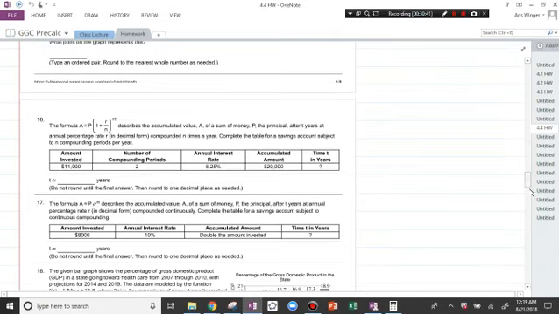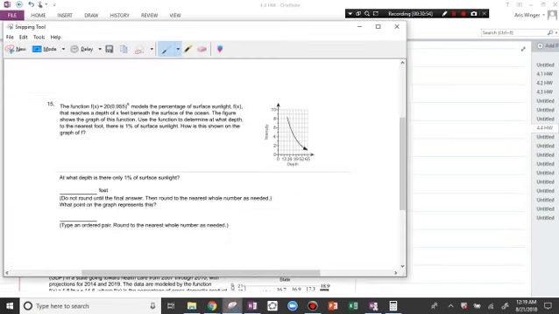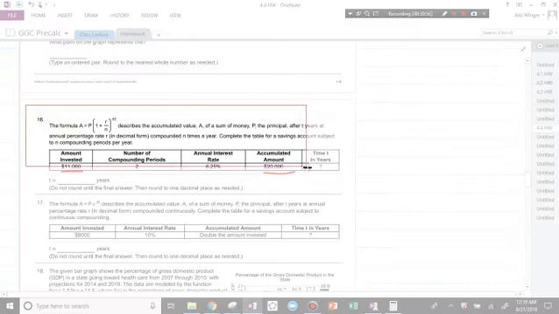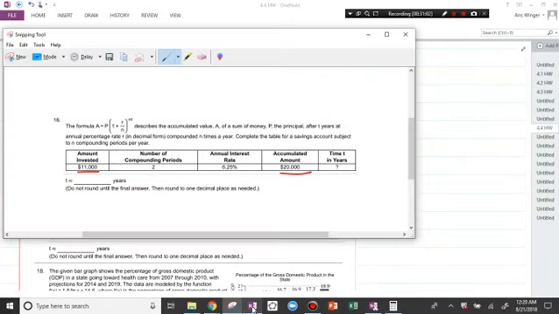This is the question I kept talking about with my wife in terms of how much time is this $11,000 going to become $20,000. We're going to solve for t there. I'll do this one and save 17 for you to do.